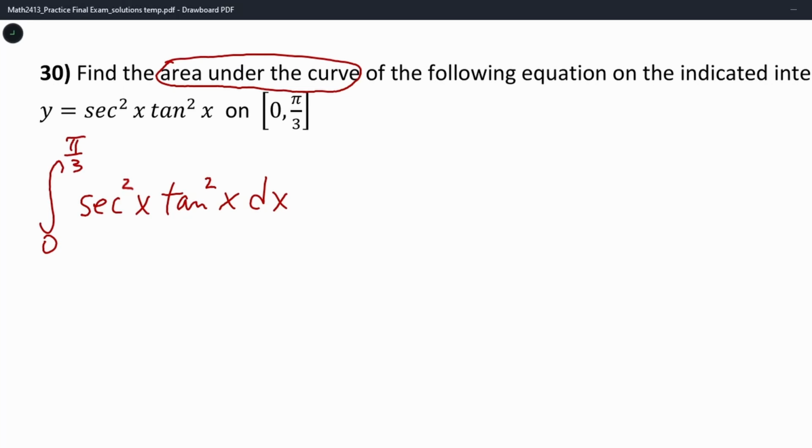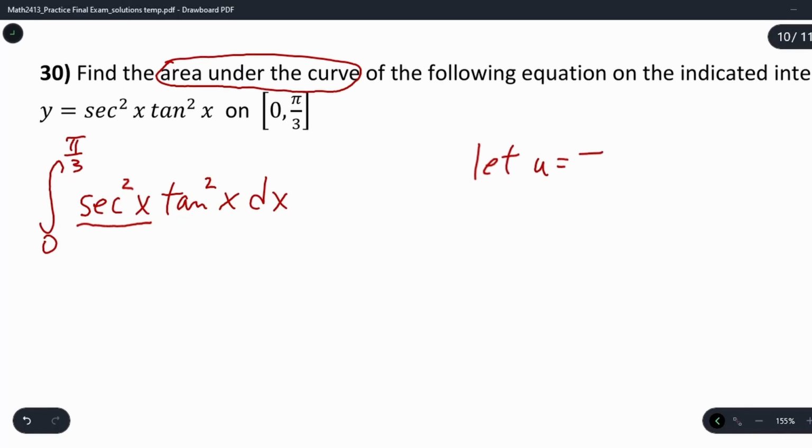What we want to think is, what would you take the derivative of to get secant squared x? And that is tangent. So we're going to say let u equal tangent x. And then if I differentiate both sides, the derivative of tangent is secant squared x dx.